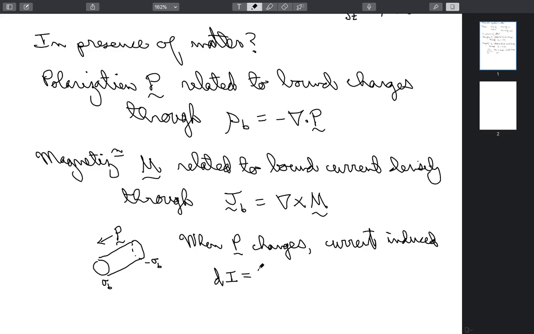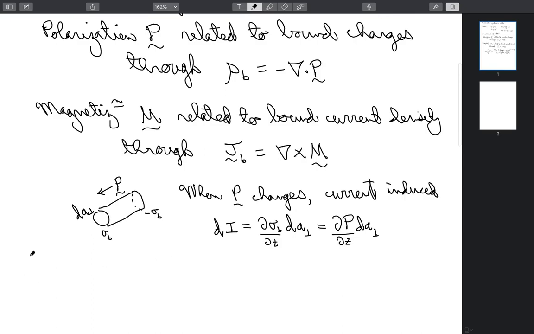Well, it would be the change of this bound surface charge density at the edge here, with respect to time, times the area that I would have here. So this area here is dA perp, perp because it's perpendicular to the polarization that I have here. So this would be just the derivative of the polarization with respect to time, with the dA perp.